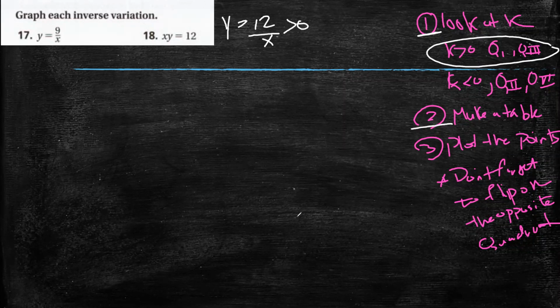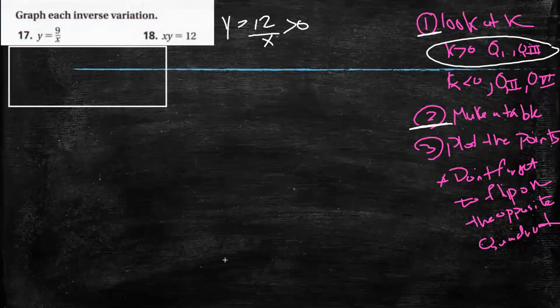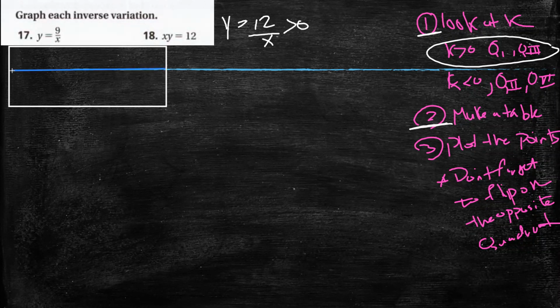The second step now, you have to make a table. Let's make a table here to put the points for x and y.